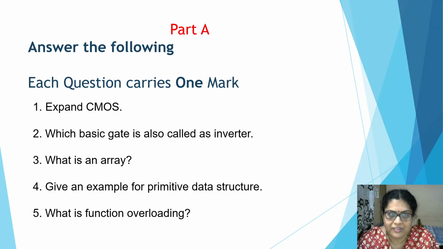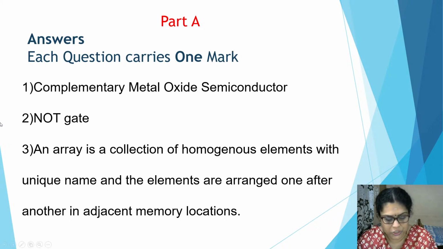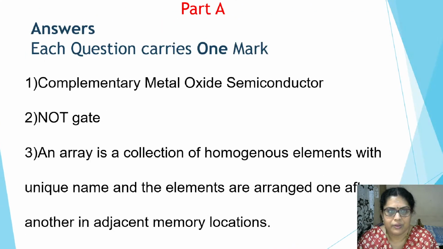Okay, the next question is, which basic gate is also called an inverter? What is an array? Give an example for primitive data structure, and what is function overloading? If you want to look at these answers, yes, CMOS is complementary metal oxide semiconductor. So that is the definition for CMOS.